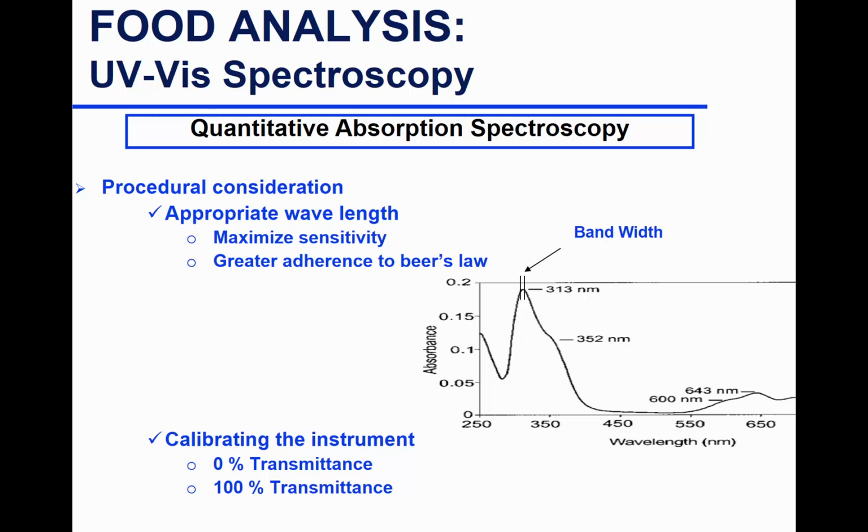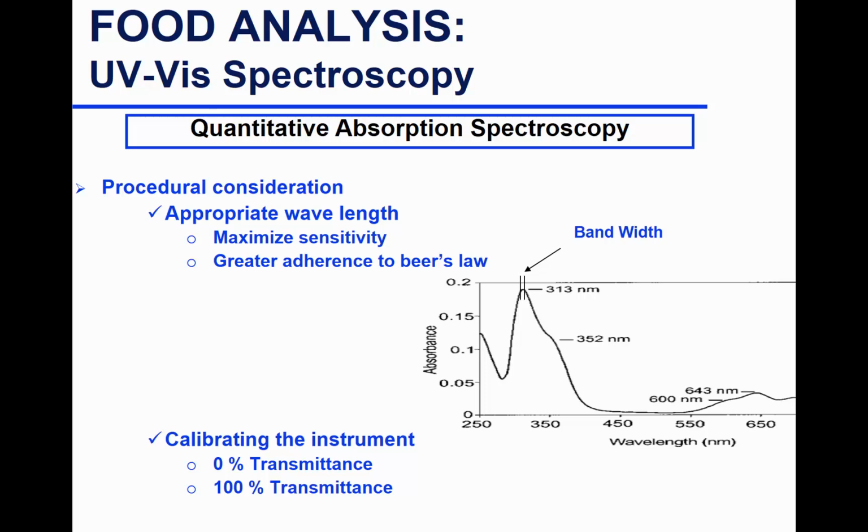The other thing is, sometimes to enhance sensitivity, we have these filters. In your monochromator, you will have the grating system, and then the light comes off at different wavelengths. Then you have an opening that allows a narrow range of wavelengths to go through and get to your sample.